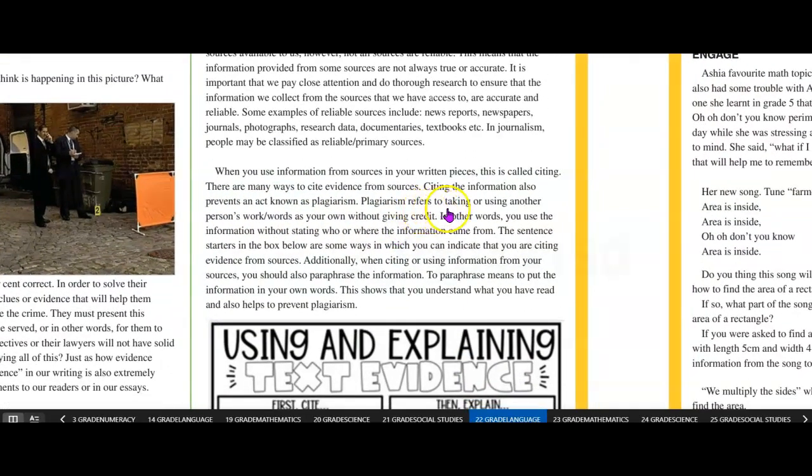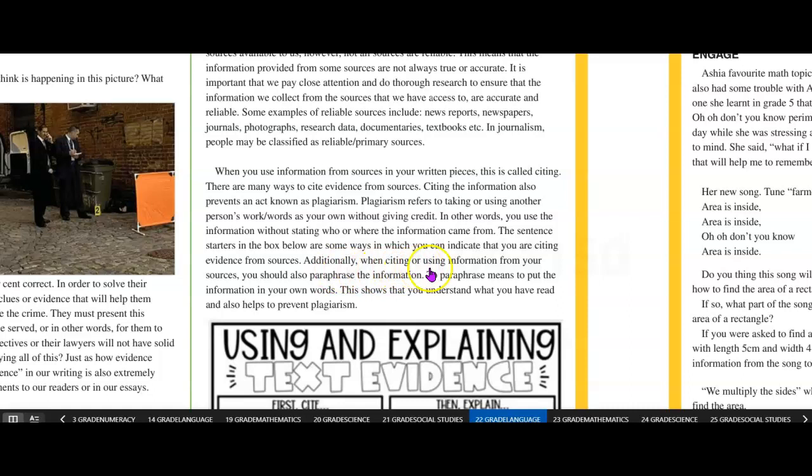Plagiarism refers to taking or using another person's work or words as your own without giving credit. In other words, you use the information without stating who or where the information came from. The sentence starters in the box below are ways in which you can indicate that you are citing evidence from sources.